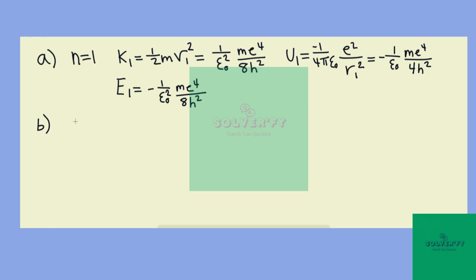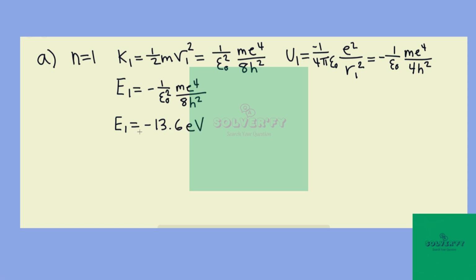Now for part B, before we do part B, we can get these numerical expressions. If you've seen the alternate version for energy levels, you may not be surprised to know that after inserting the electron mass, electron charge, Planck's constant, and electric permittivity, you see that the first energy level is -13.6 eV.